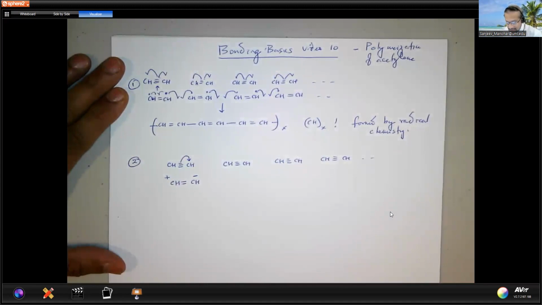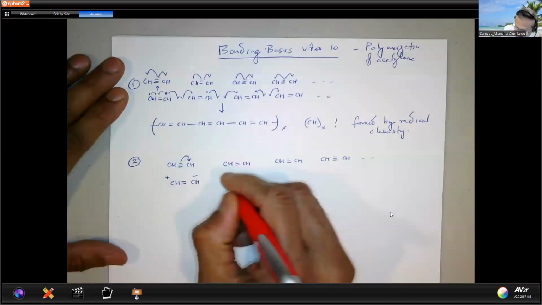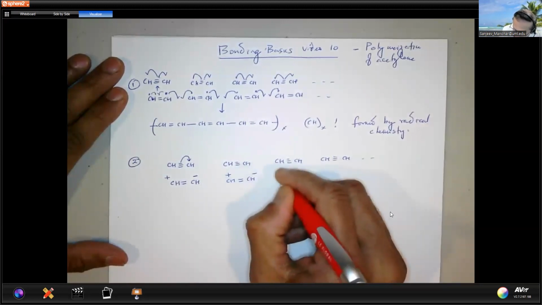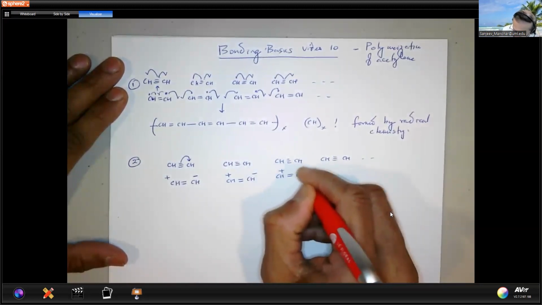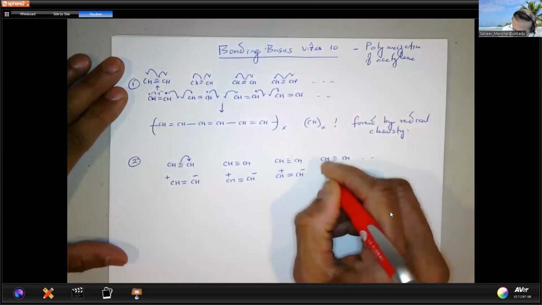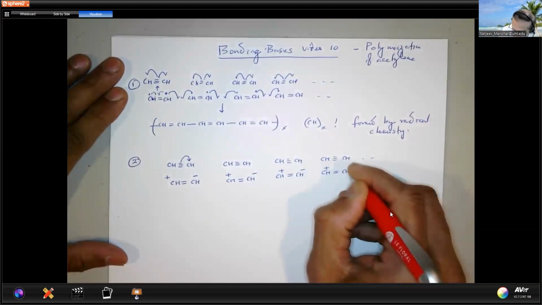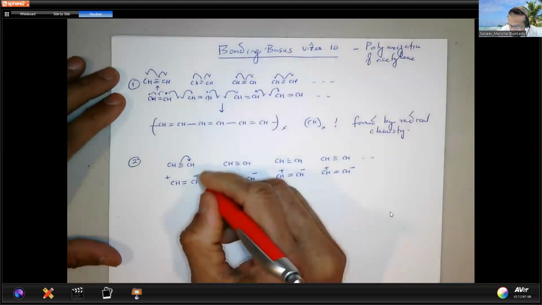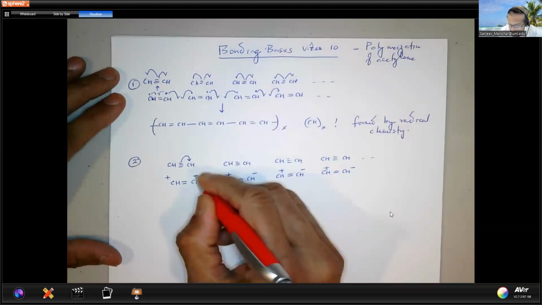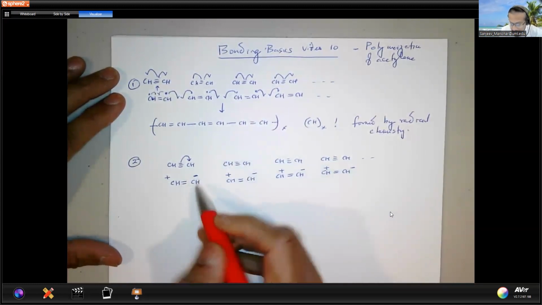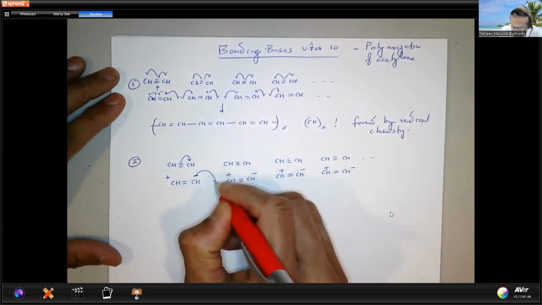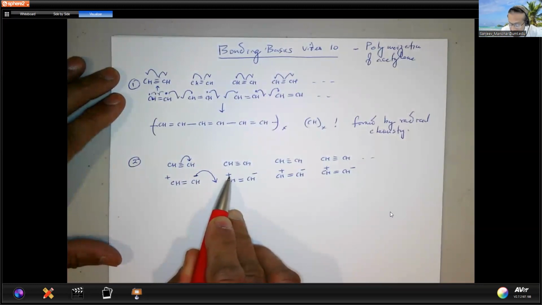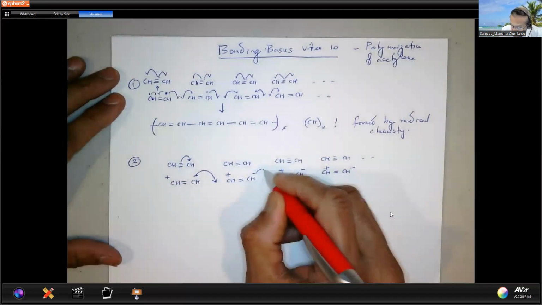CH plus, double bond, CH minus, CH plus, double bond, CH minus, CH plus, double bond, CH minus, correct? Now these are like magnets, right? Minus means two electrons, formal charge. Both these electrons can dive into this. There's no electrons here, that's plus, so it can form a bond right away.